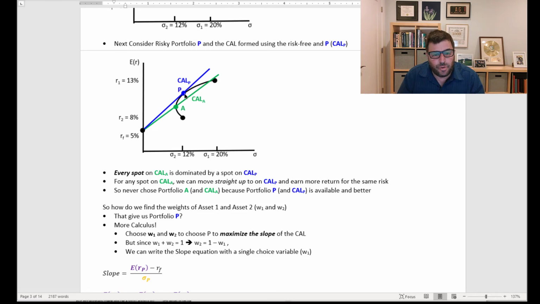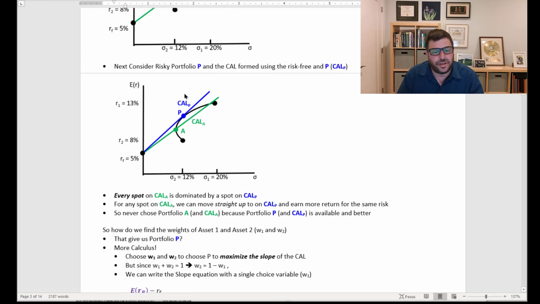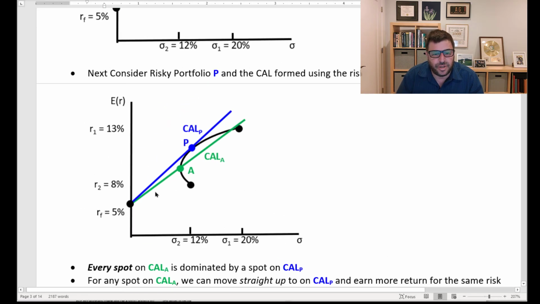And there is no possible capital allocation line that has a steeper slope than this one. I can never find anything else on this line combined with the risk-free asset that produces a steeper slope. If I move further up the black line here, then any line is going to have a flatter slope than the blue line. And if I move down here, again, it's going to have a flatter slope. The blue line will dominate.